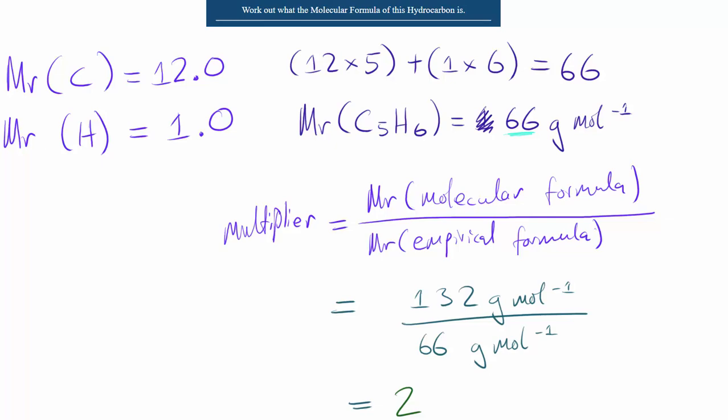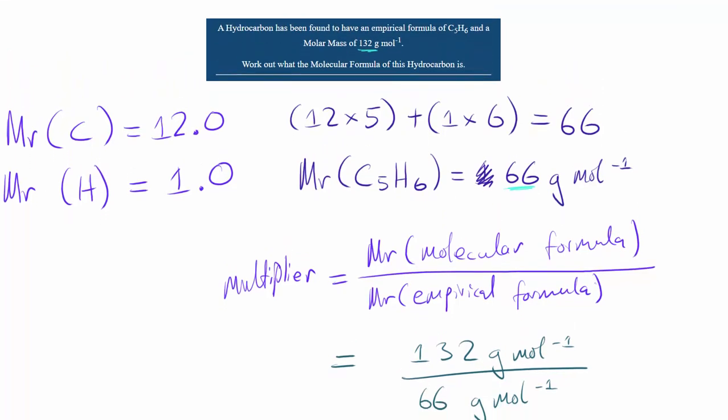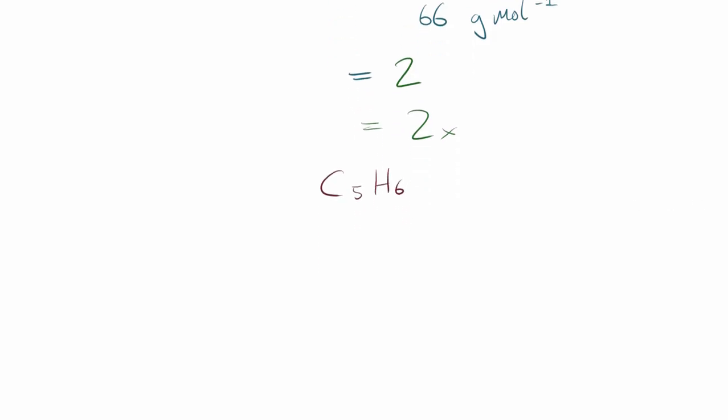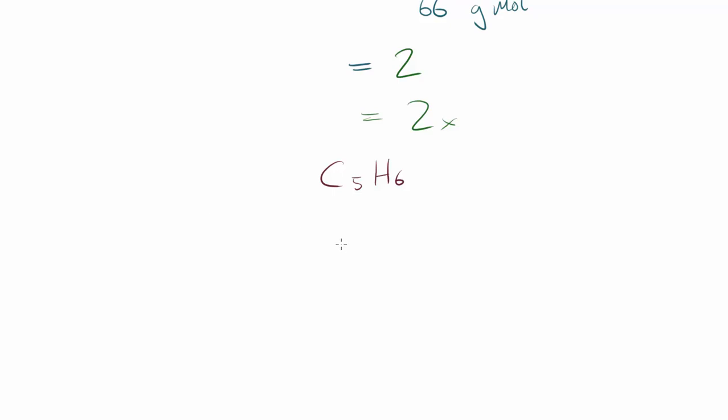Okay, and remember, we've got C₅H₆. I'm just going to quickly rewrite it down here for convenience: C₅H₆. So I'm going to go ahead and scale this up using our multiplier. For carbon, that's going to be 5 multiplied by 2, our multiplier, and that's going to equal 10, of course.